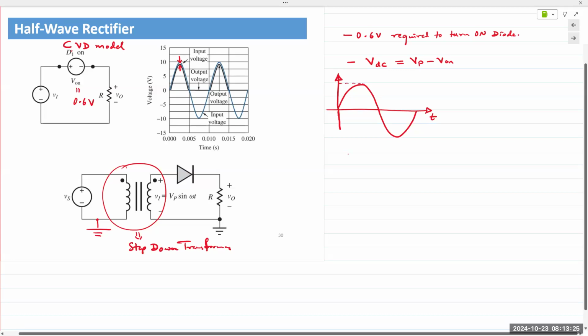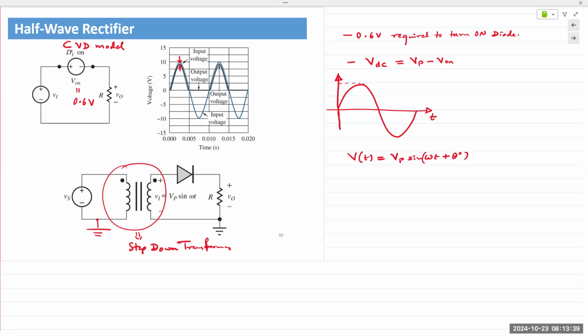This is mathematically represented as v of t is Vp sine omega t plus or minus theta. We keep the angle in degrees separate from the omega because we want to use phasor transformation. And for phasor transformation, we need magnitude and the phase angle.